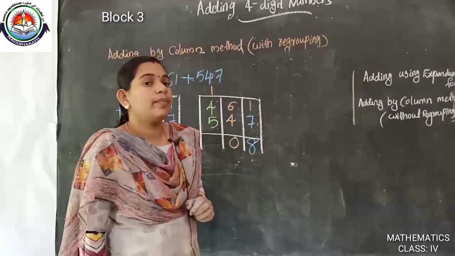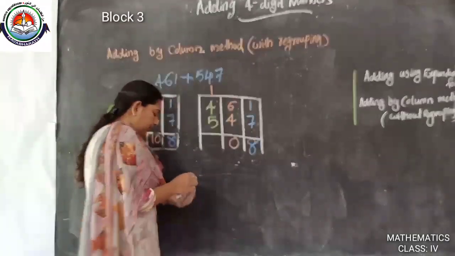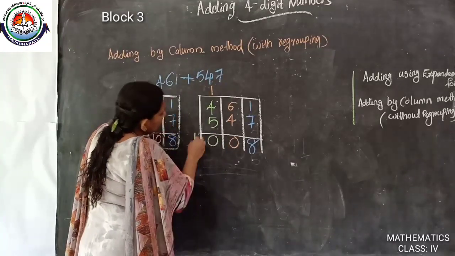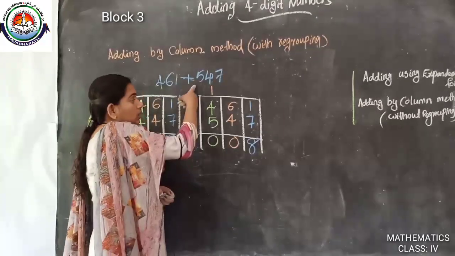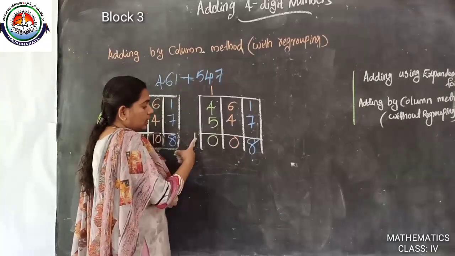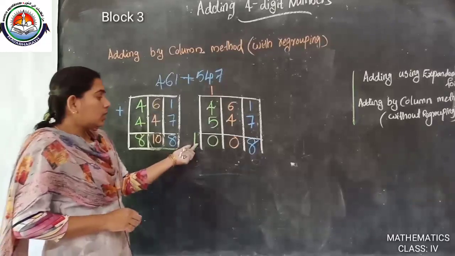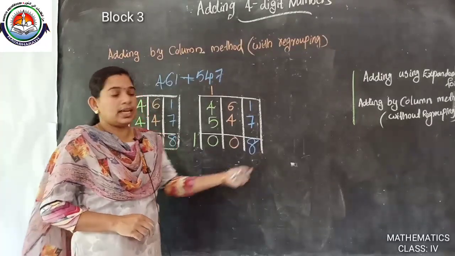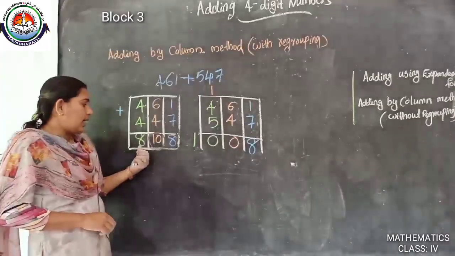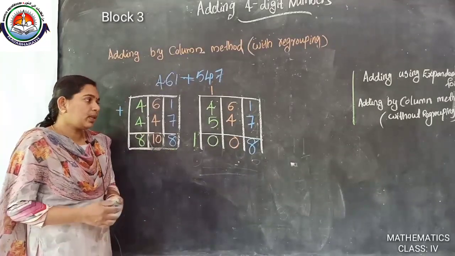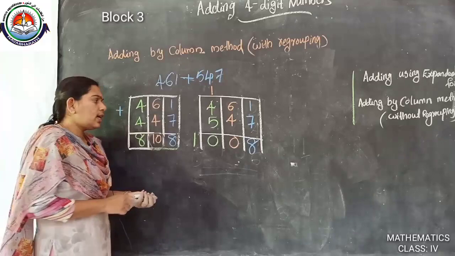What is the value here? We write 0 here, and 1 here, since there is no number, we write the carry in this place. Okay, what is the value? 1008. Okay, she got 8108. Which are the mistakes here?